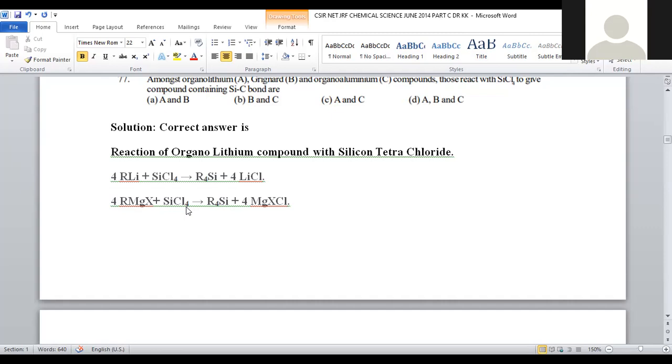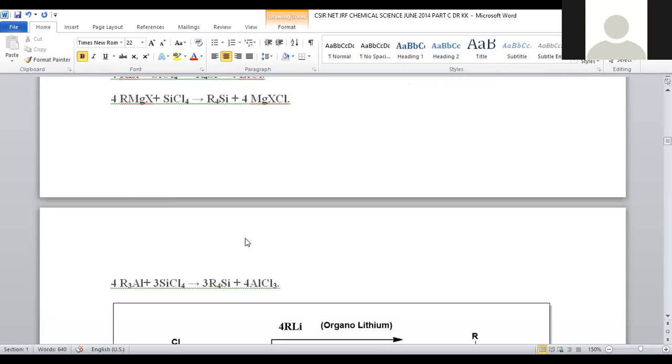Upon treating with silicon tetrachloride, there is a possibility of reaction and a tetra-alkyl silane will be generated, along with MgXCl, right? So here tetra-alkyl silane will be generated upon treating with Grignard reagent. So here also we will get silicon carbon linkage. So in the second case also we got the positive test.